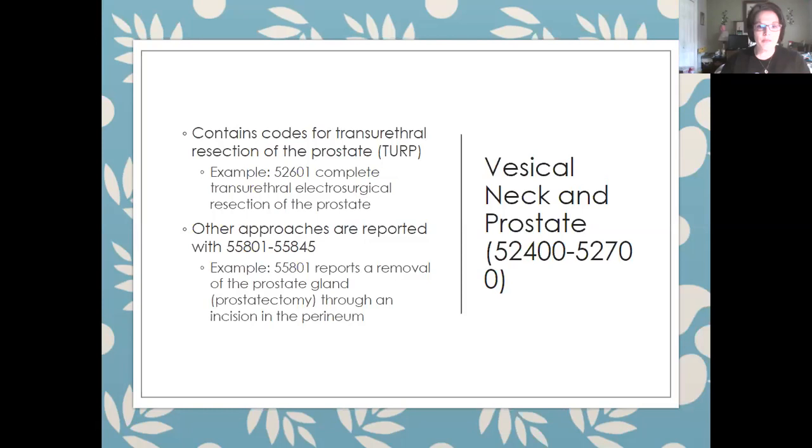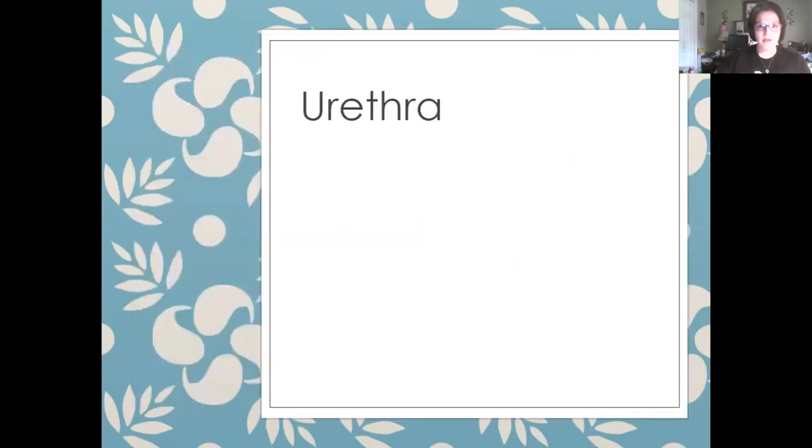Other approaches are reported with 55801 through 55845. Example, 55801 reports a removal of the prostate gland, a prostatectomy, through an incision in the perineum. This is about vesical neck and prostate, 52400 and 52700. This is going to be our last slide today.